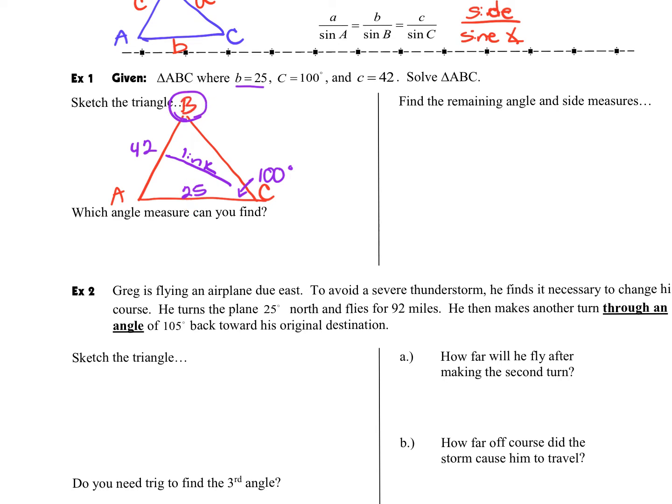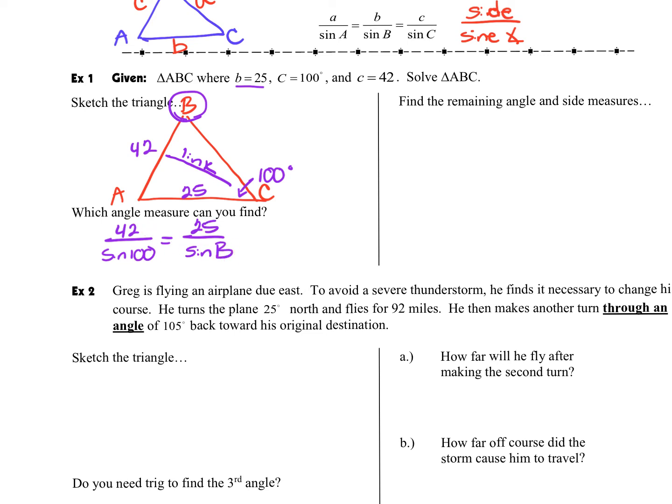So when we set up our proportion here, what we're going to say is our side of 42 divided by the sine of 100, and that's going to equal 25, the side B, divided by the sine of angle B. Now remember, if we're looking for an angle, we're going to eventually need to use that second or shift button.